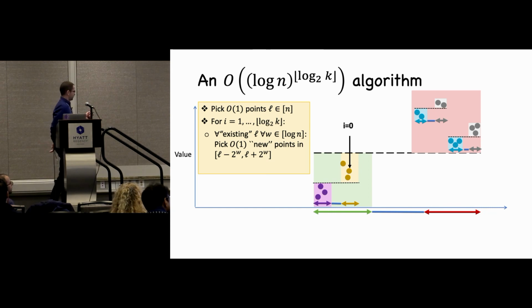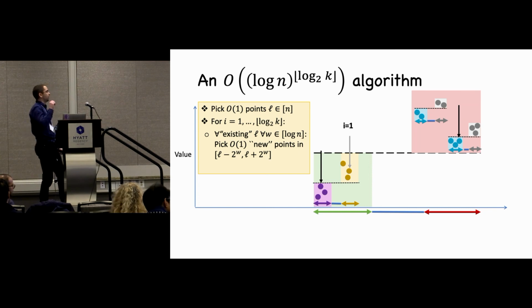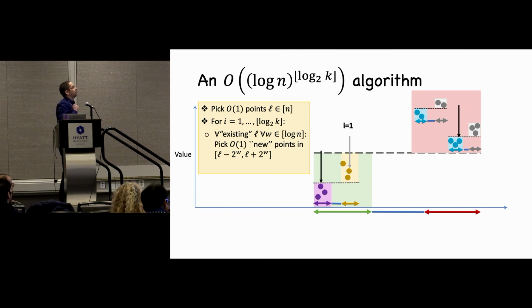And similarly, if you look at the right scale to the right, the blue elements in the red part will constitute a constant fraction of the elements in this scale.